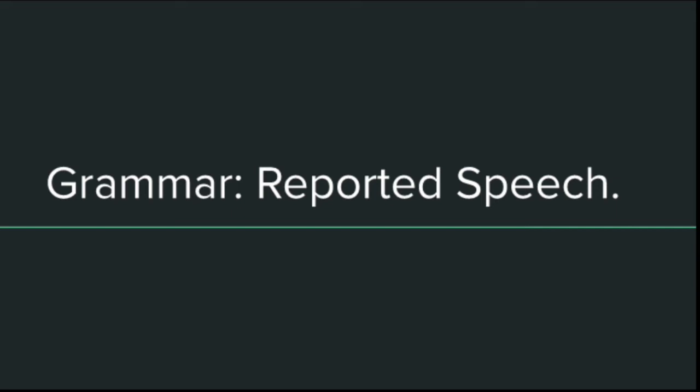For example, Shanti said, "I work in your office." These words are in quotation marks. If it is changed into reported or indirect speech, it is written like this: Shanti said that she worked in my office.